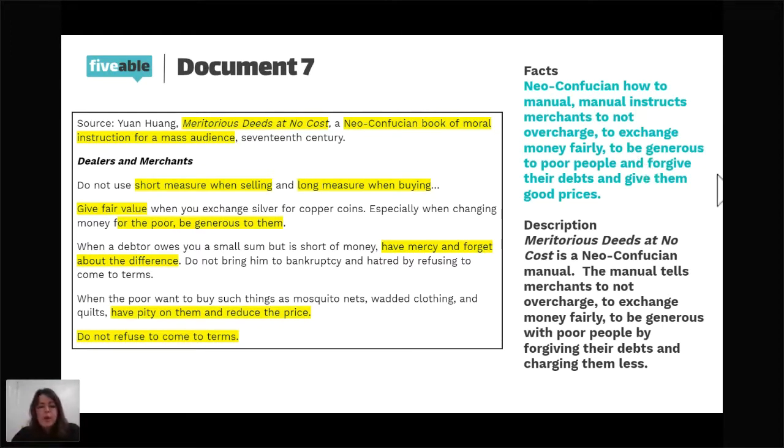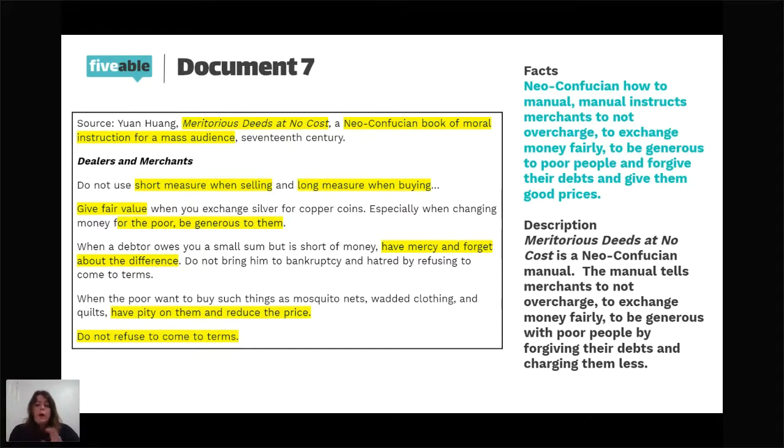Okay, so let's look at our facts. It's a Neo-Confucianism how-to manual, kind of a Bible, right? The manual instructs merchants to not overcharge, to exchange money fairly, to be generous to poor people, and forgive their debts and give them good prices. So I think this is the first time we've seen a religion or a philosophy telling them to be generous to the poor.